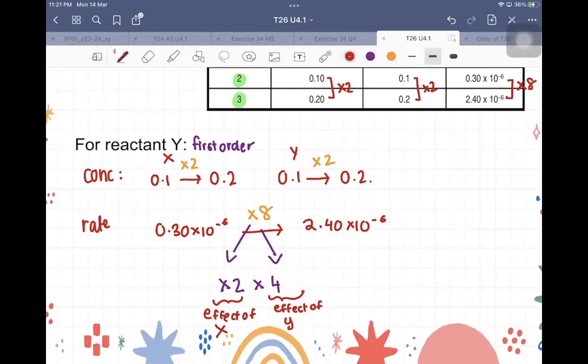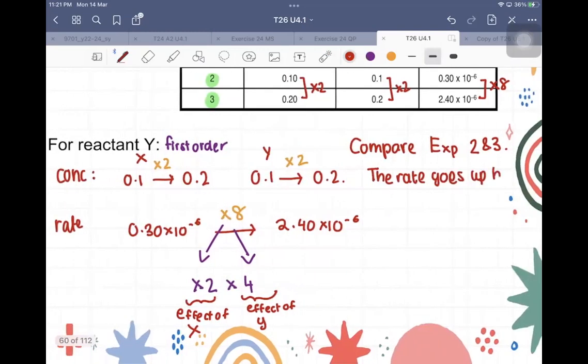So compare experiment 2 and 3. The rate goes up by a multiple of 8, which is times 8. We know x is first order.